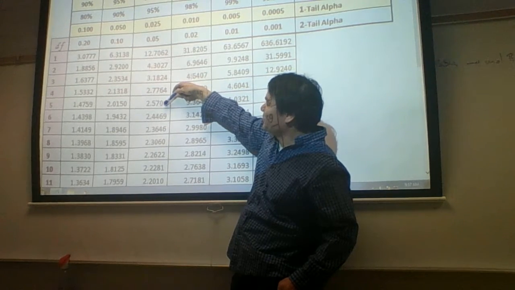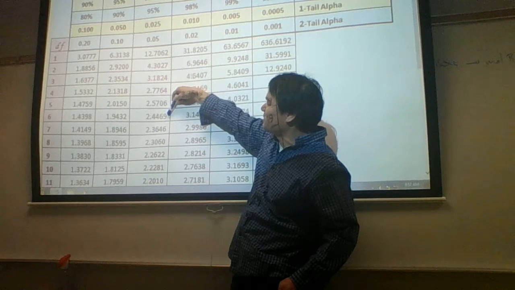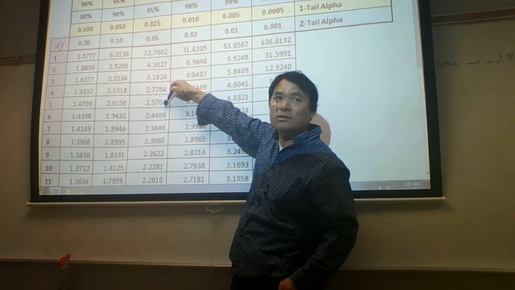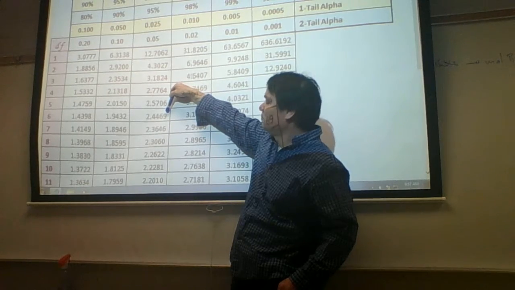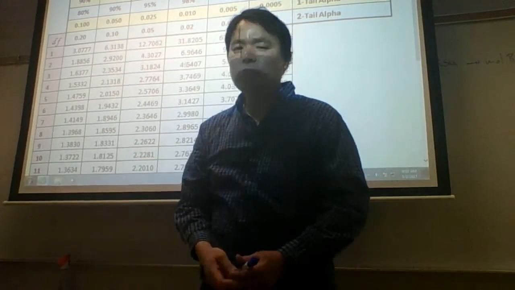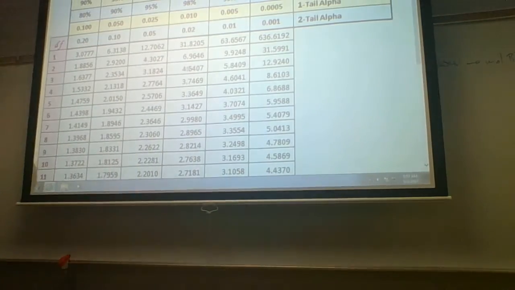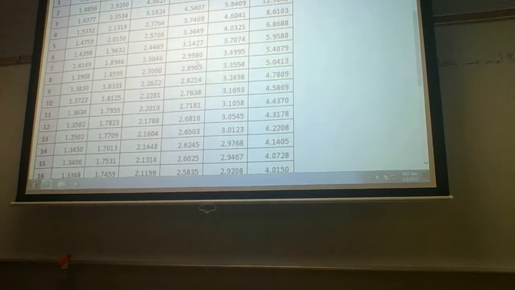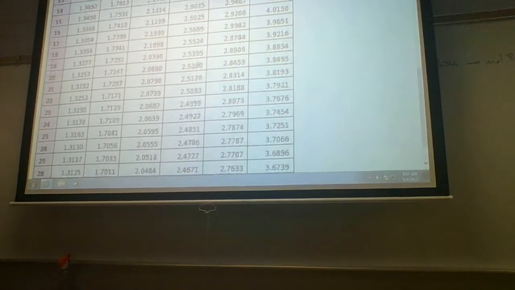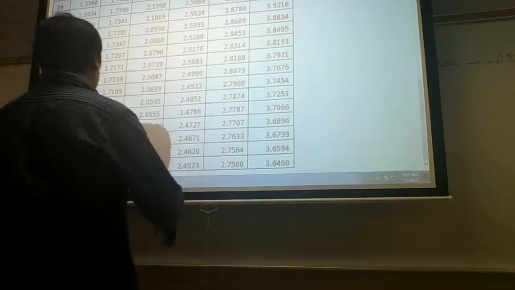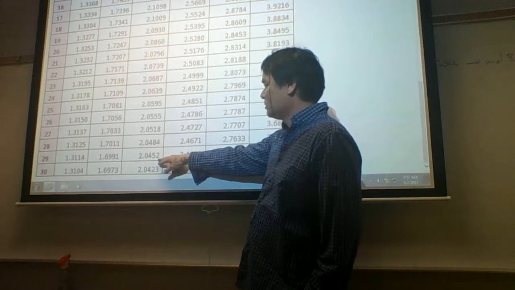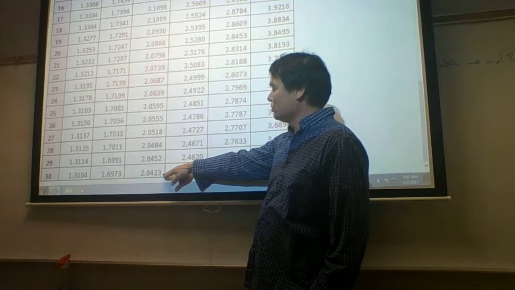But take a look at the difference. If you take a look at the difference between 5 and 6 measurements, is it a very large difference in the T value? No. And so as we go down, we can see, like, the difference between taking 29 and 30 measurements here is 2.045 versus 2.042.